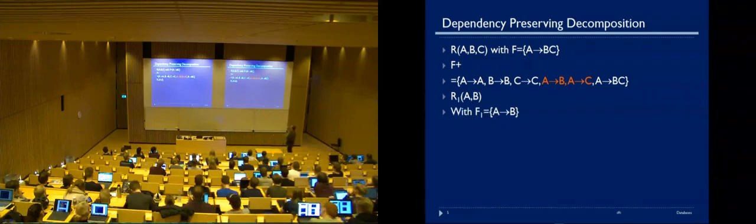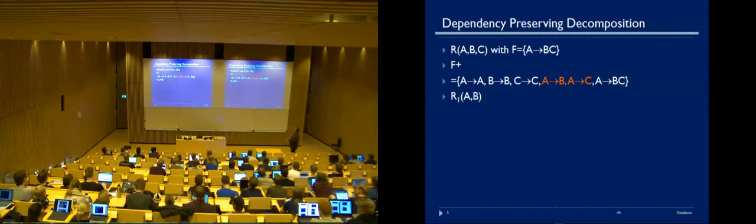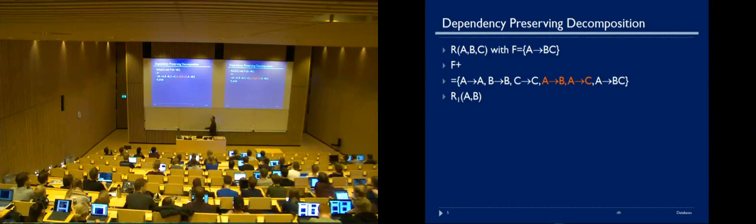Then we have this decomposition, we are told. We decompose that table to one with two attributes, and then we have to ask ourselves, out of all the dependencies in the closure of F, which are projected to this table, so which are among the attributes of this table? That's how a dependency is projected. It is just a dependency that belongs to the closure, and you can express it as a dependency among the attributes of this table. Because it doesn't make sense to say that this table has a dependency that A determines C, because C is not there anymore.